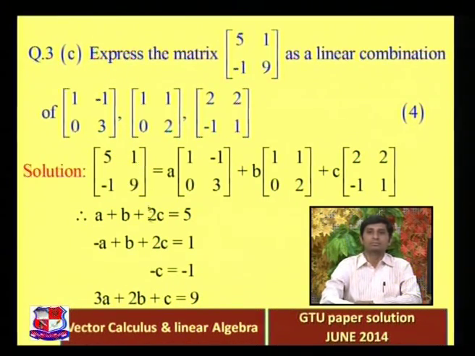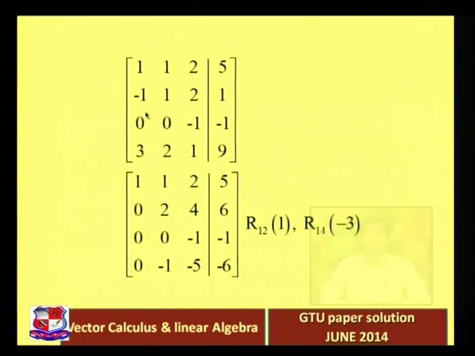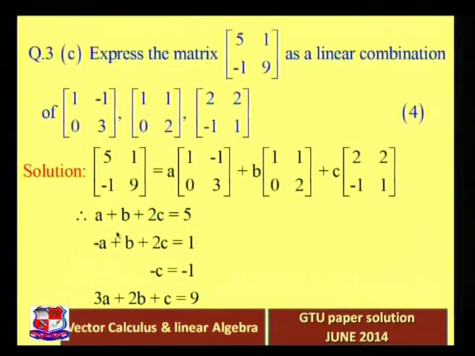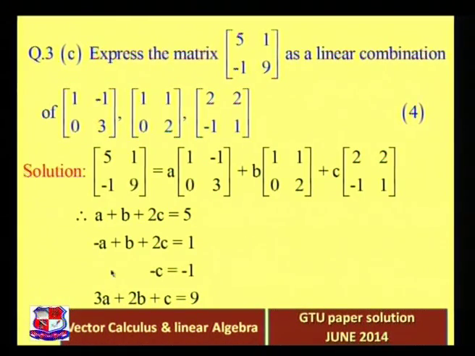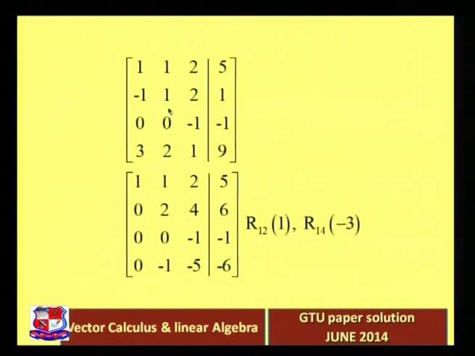So here we are solving these 4 equations. You can see the first row is coming from the first equation: 1 1 2 5. The second row is coming from the second equation: minus 1 1 2 1.